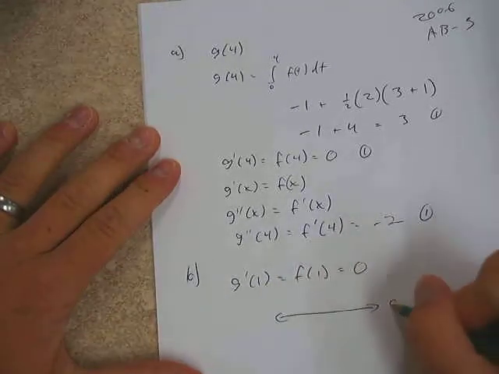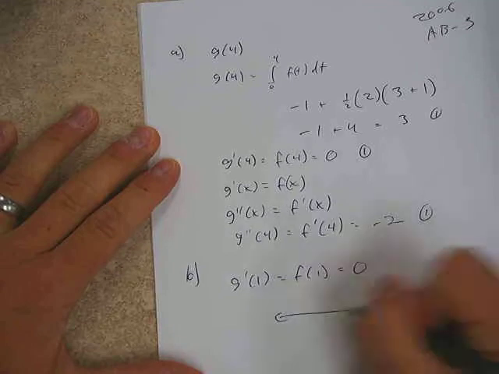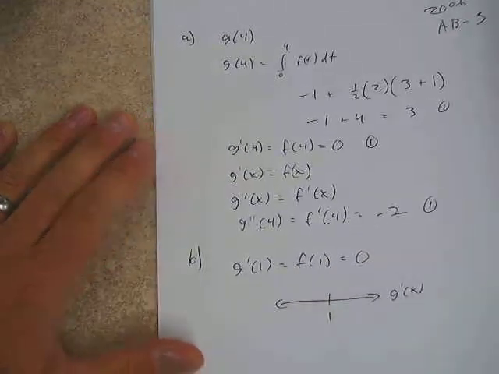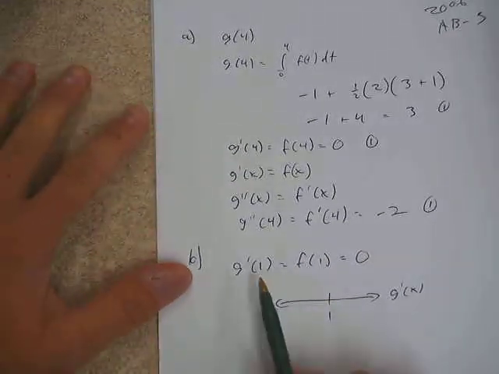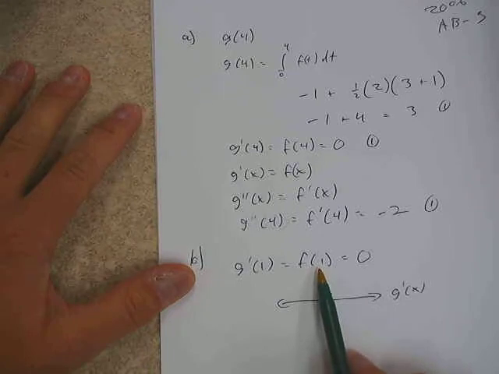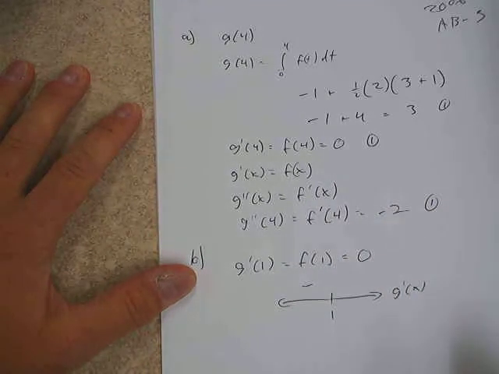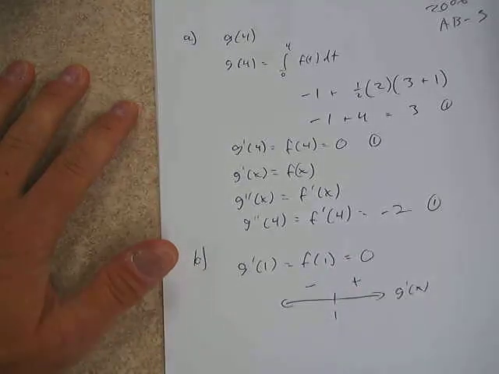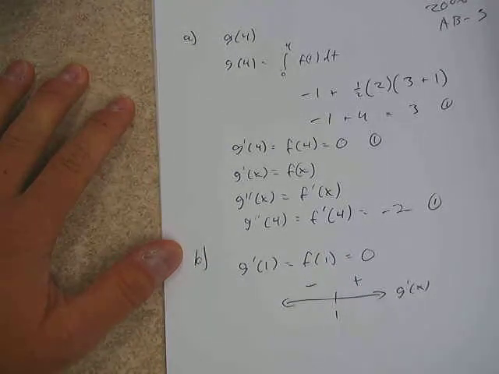Ultimately, if we were to make a number line for g prime with our 1, what do we notice about g prime? The values of g prime are the same as the values of f, and the values of f before we get to 1 are negative, and then after 1 they are positive.